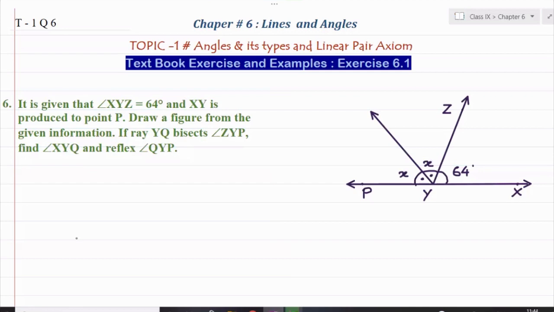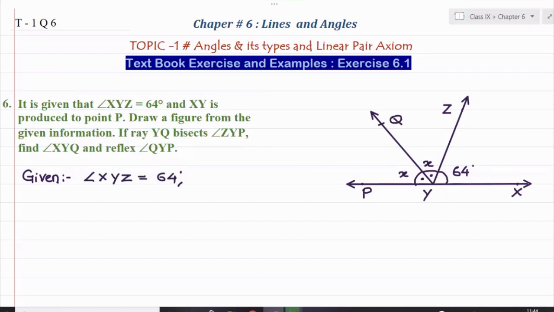Let us write down the given things first. First, we are given that the value of angle XYZ is equal to 64 degrees. That is the one given. Second thing, as I said earlier, this point is given to us: YQ.